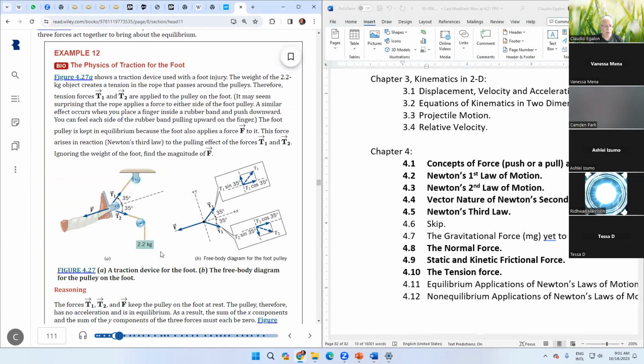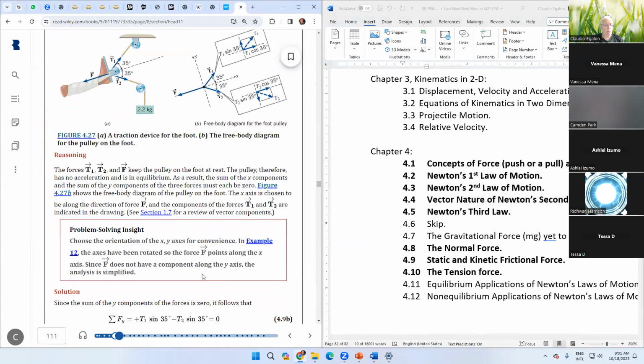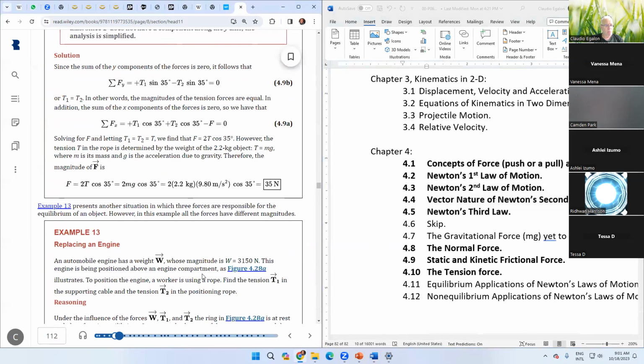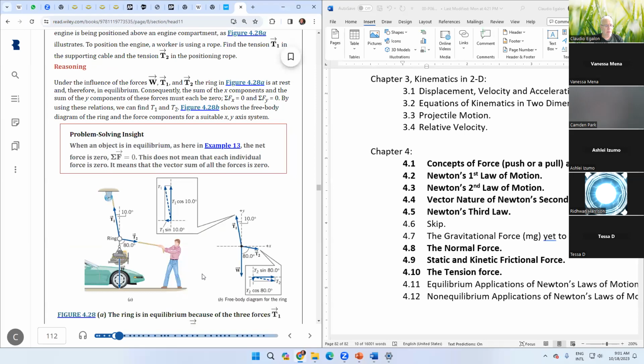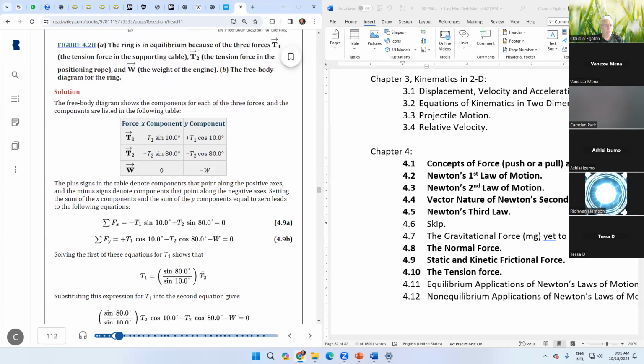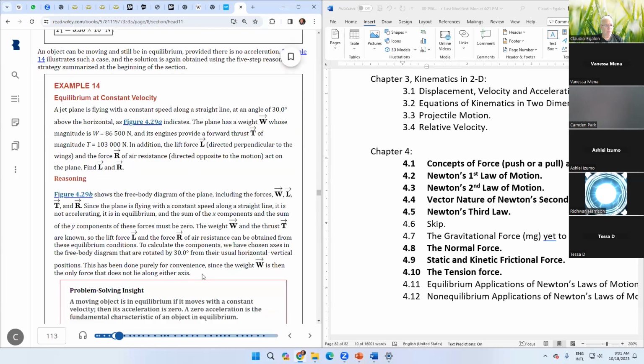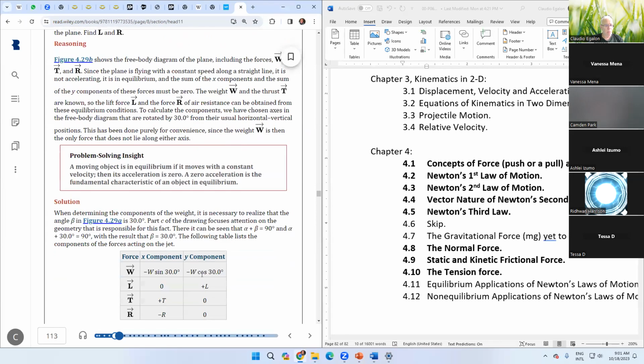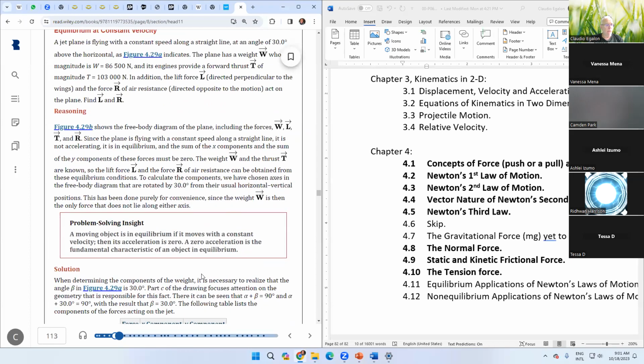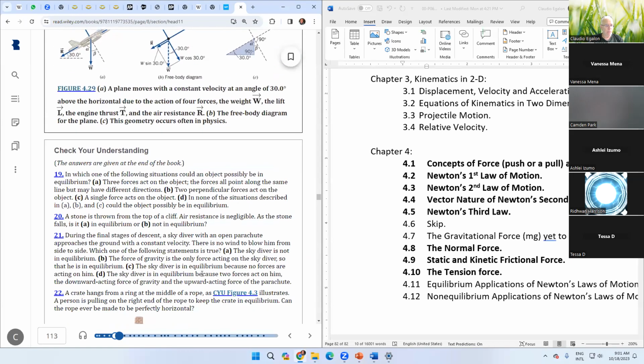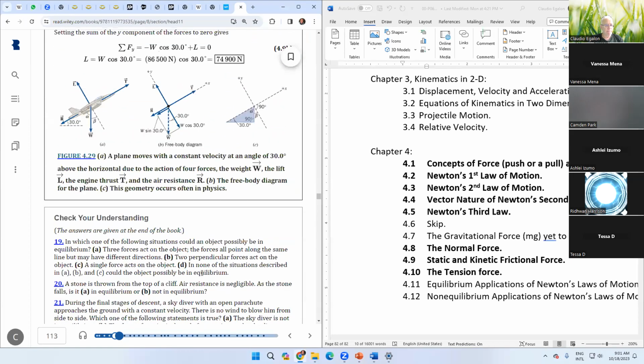Here is one example. Here's another example. Here's another example. And here, see the lift, the lift force. That's the thrust.